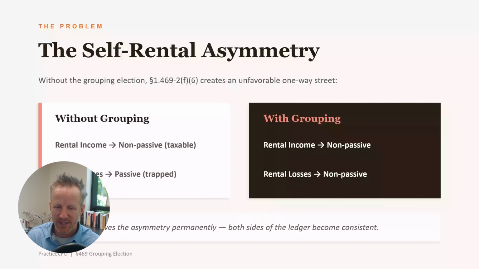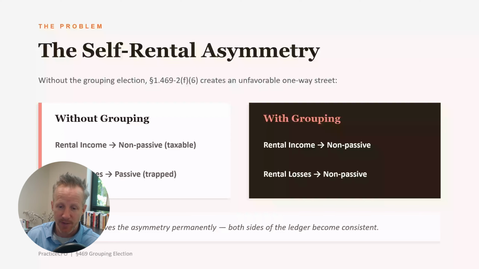Really important term, self-rental. Your other real estate property down the street or by your house or whatever, that is not a self-rental. You're not operating a business out of that. That is a true rental. And that income over there is passive income because you're not operating in it. Your building is not passive income.